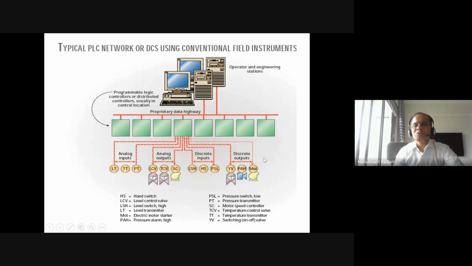But conceptually, this is how the DCS interfaces with the field inputs in the analog as well as discrete categories, and it is shown on the controller. So this is the DCS architecture. Here each manufacturer has a different name for the controller, for the control network, for the workstations, and even for their IO network.